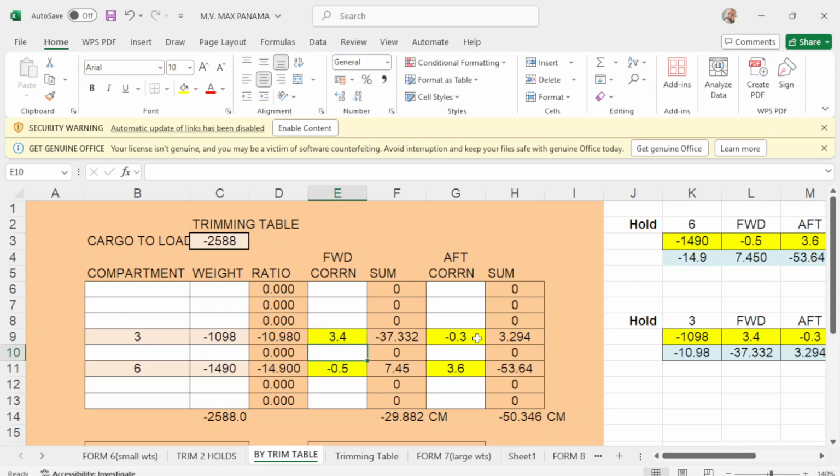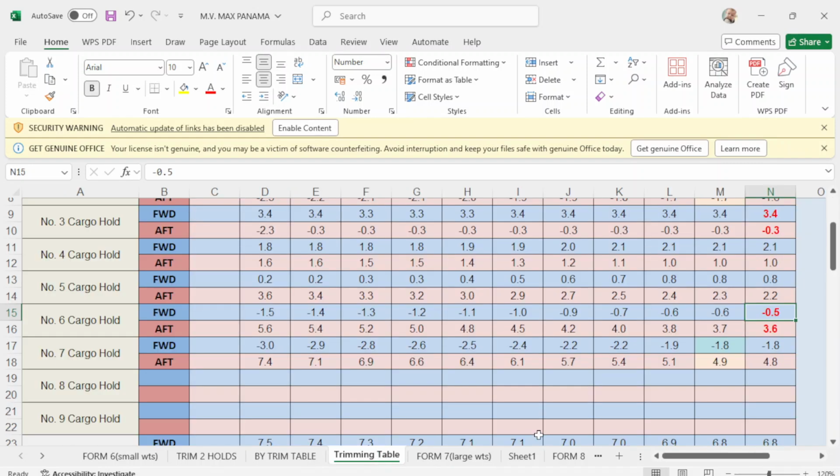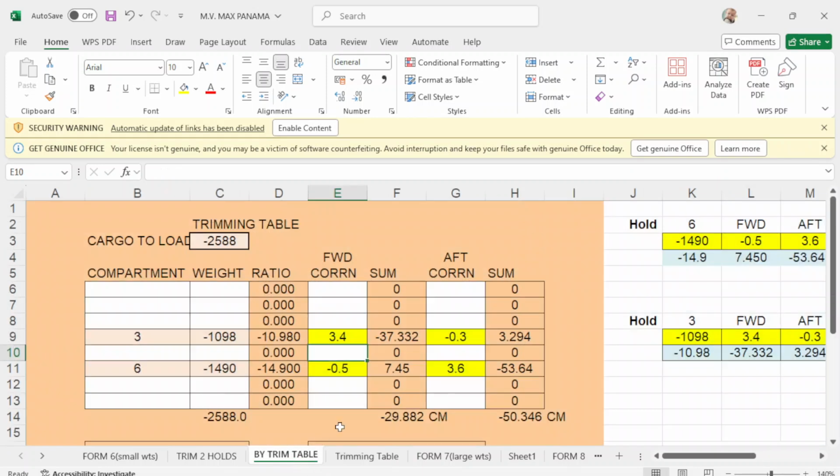And up correction is how much? Up correction is negative 0.3. So, negative 0.3. Okay. Then we go to hold number 6.